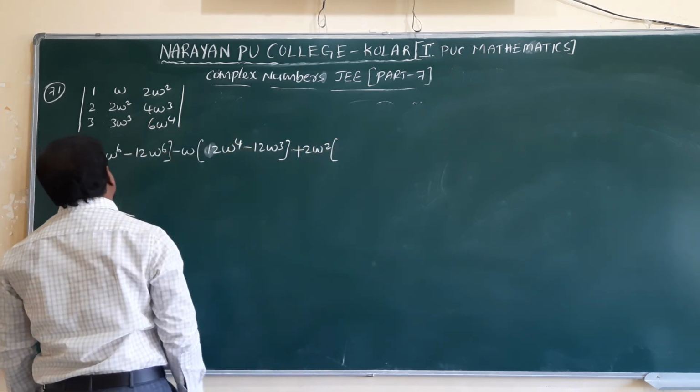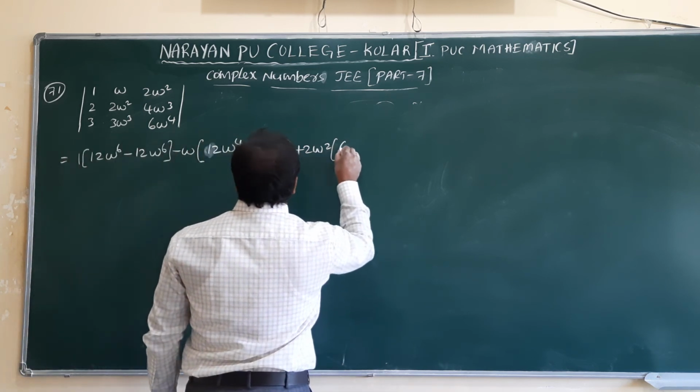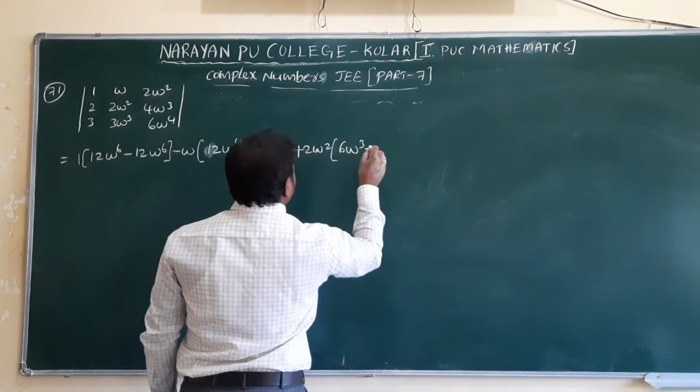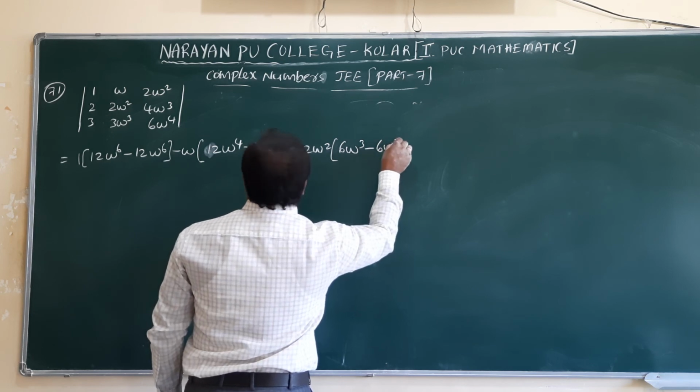First row, third column deleted, remaining 3 twos are 6 omega cube minus 6 omega square.